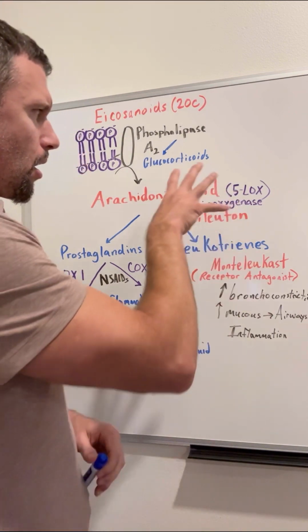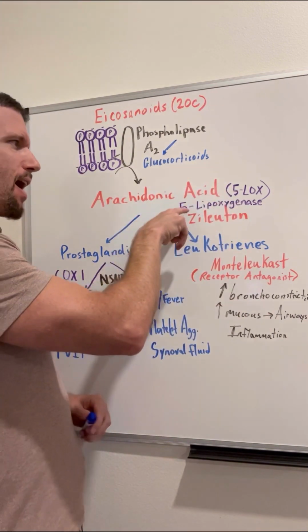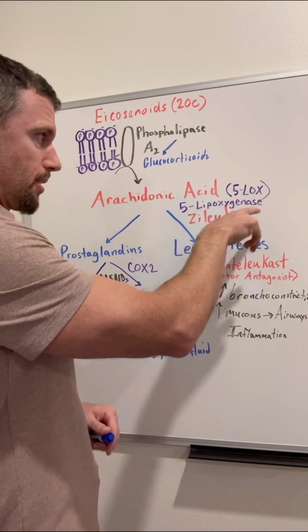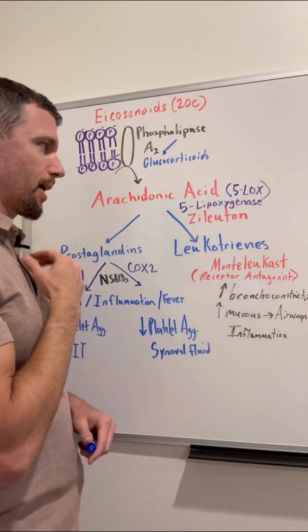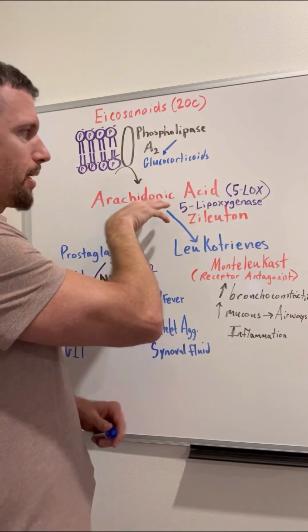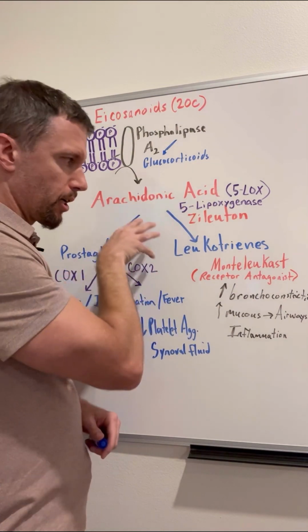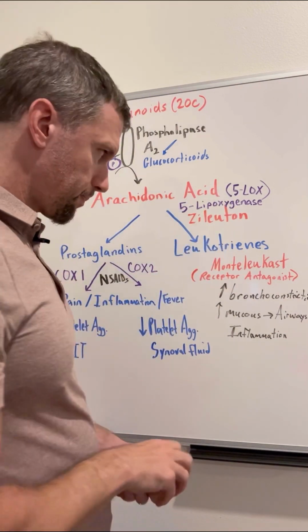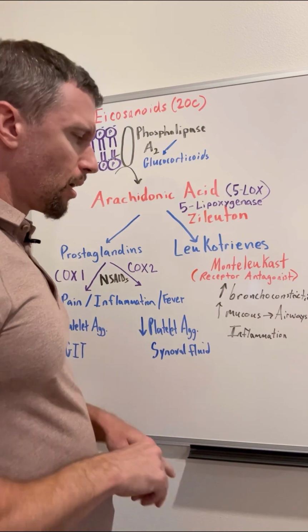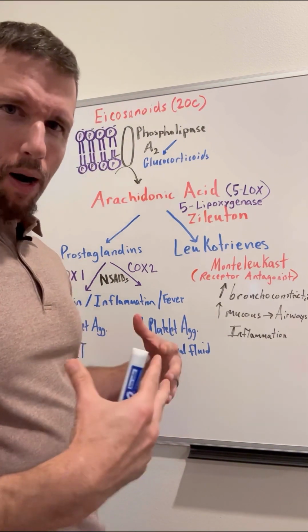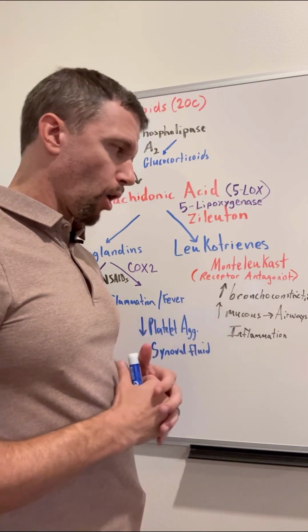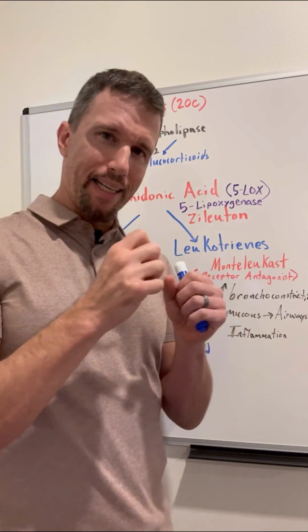And then on this side, the 5-lipoxygenase enzyme works on arachidonic acid, it'll take that 20 carbon precursor and push it towards leukotrienes. And leukotrienes, what they do is they work primarily in the lungs to increase bronchoconstriction, so our airways decrease in size.